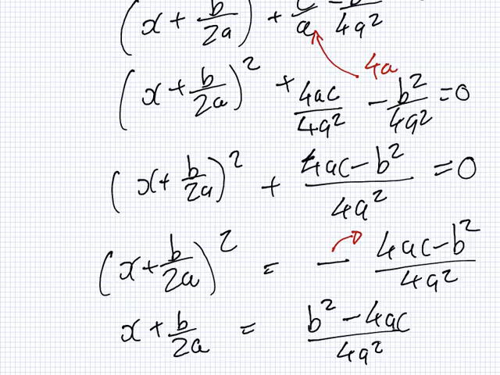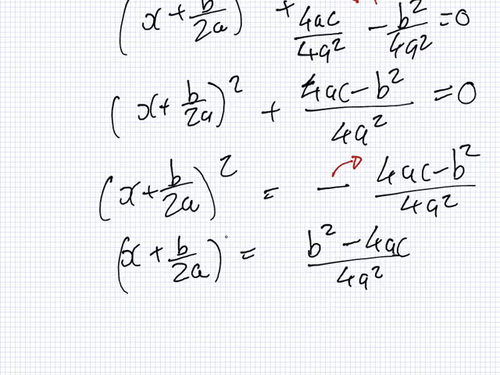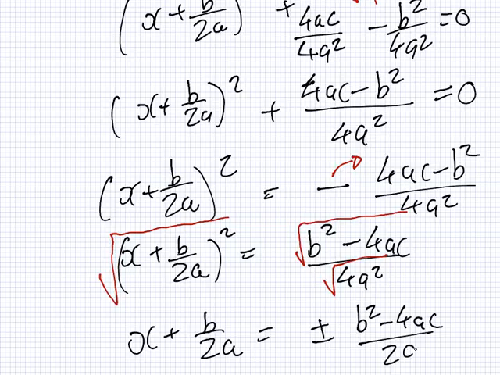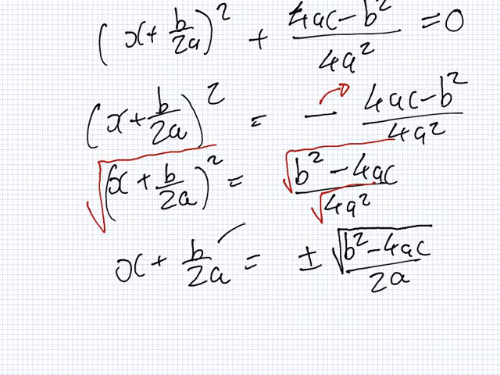Oh sorry, I lost my square here. Next step, square root. So I put a square root here, a square root here, and a square root here. This will be x plus b over 2a equals plus or minus the square root of b squared minus 4ac, all over 2a. Next, I'll take this over to the right.